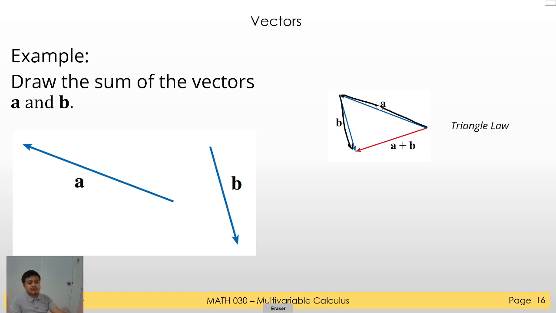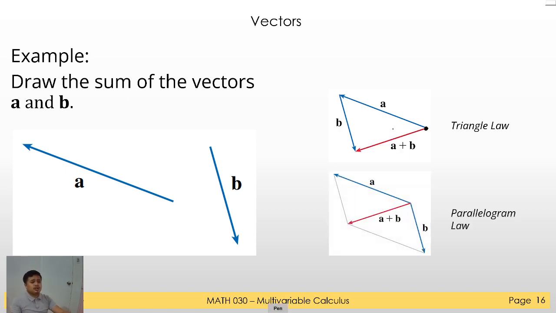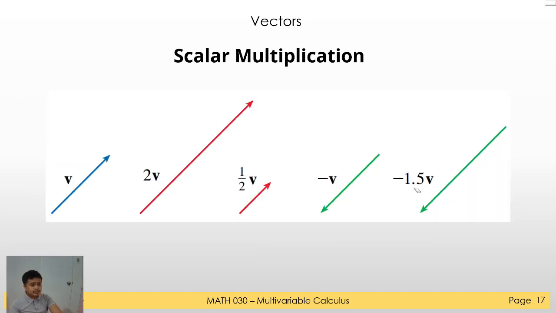The sum of a and b will be from this initial point to this terminal point, through the triangle law. In other words, we could start with b instead of a and then add the a vector, and it will be the same sum, a plus b, which is the parallelogram law.